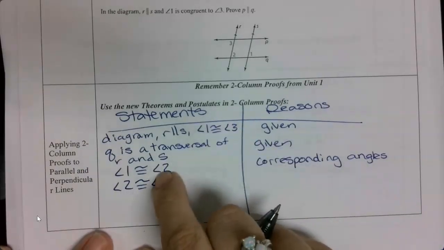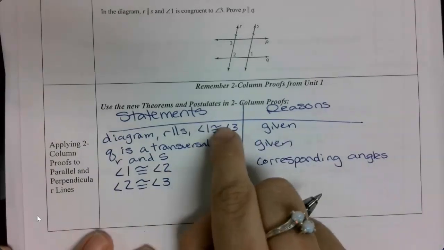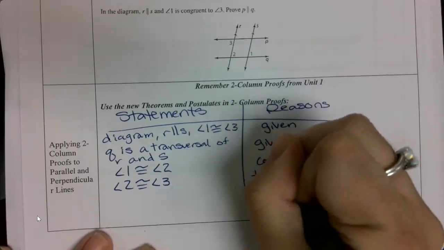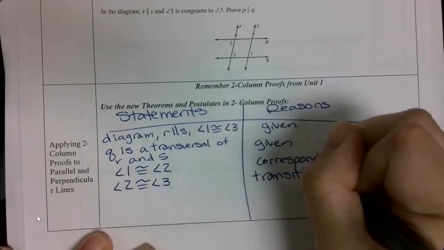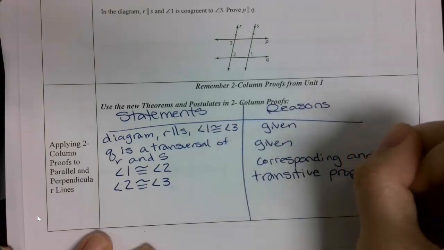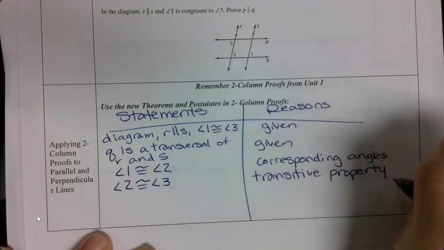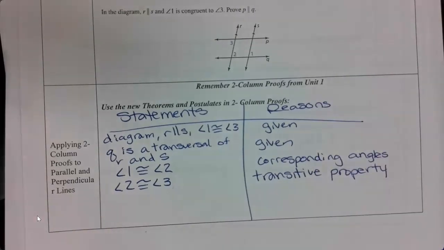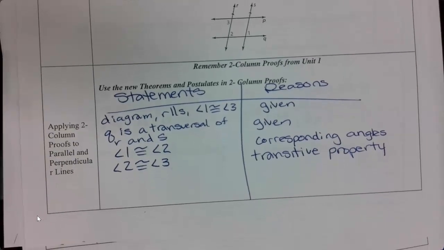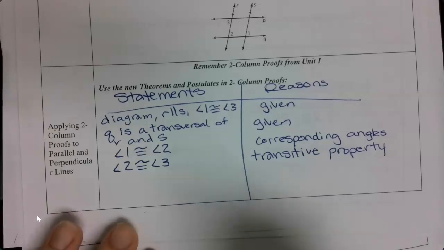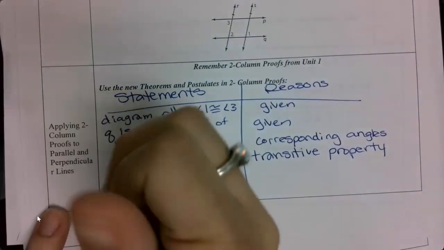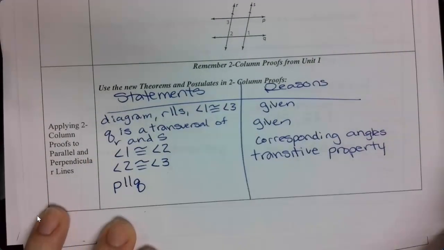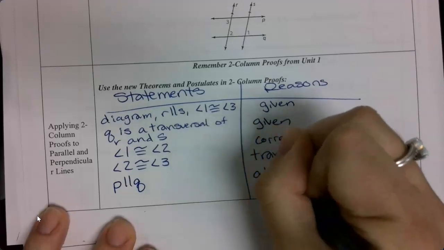If I notice, I had 1 is congruent to 2 and 1 is congruent to 3. So this is taking my transitive property, because I just replaced it. I could have also said substitution here. Okay, and then because I know 2 and 3 are congruent, I can say P is parallel to Q by the alternate interior converse.